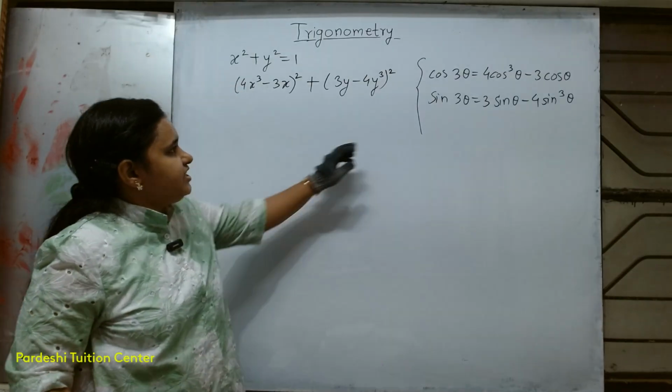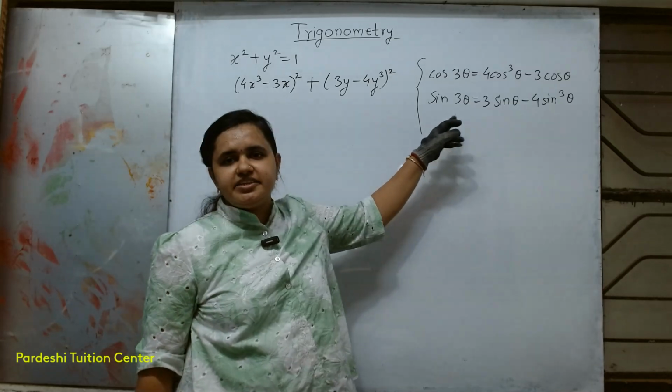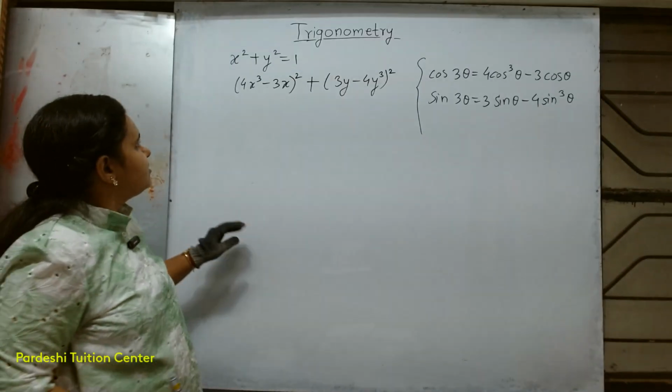So cos 3 theta is 4 cos cube theta minus 3 cos theta, and sin 3 theta is 3 sin theta minus 4 sin cube theta.